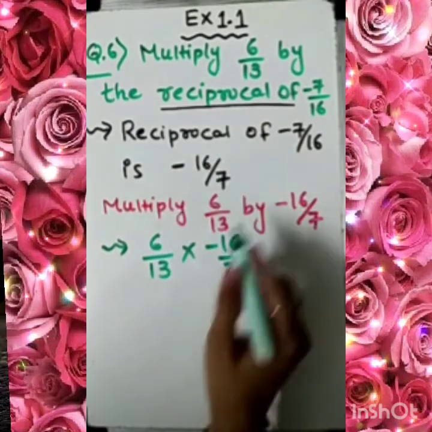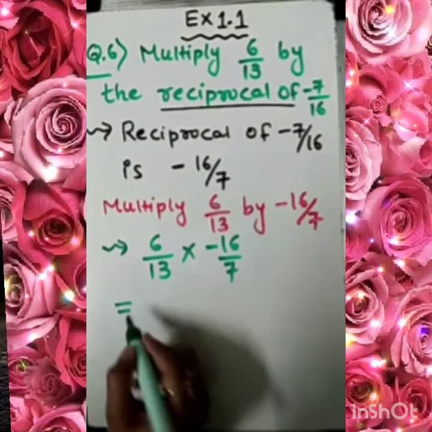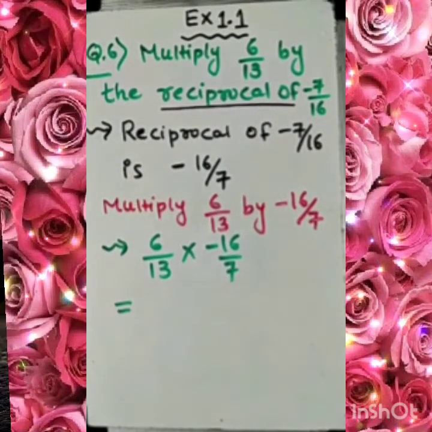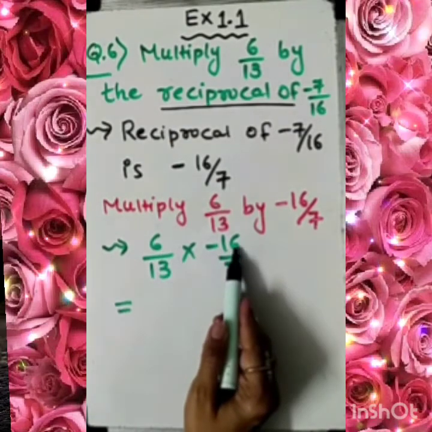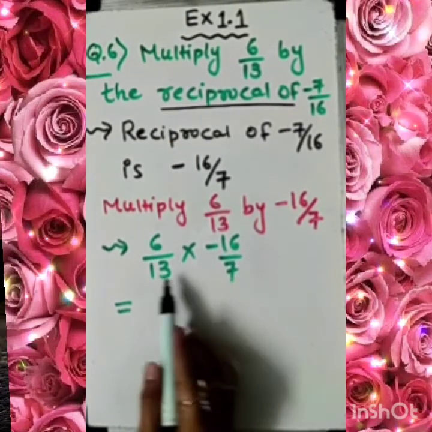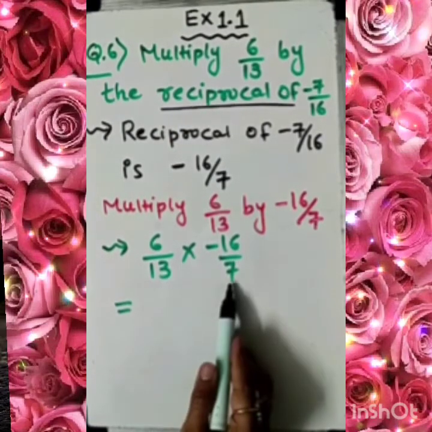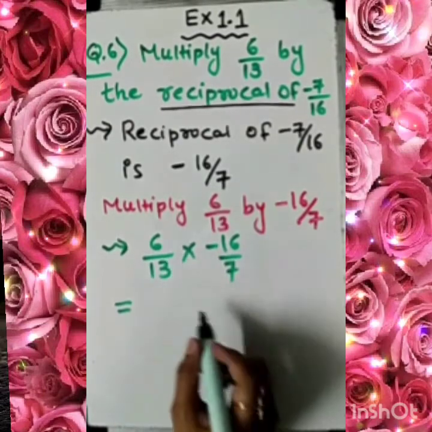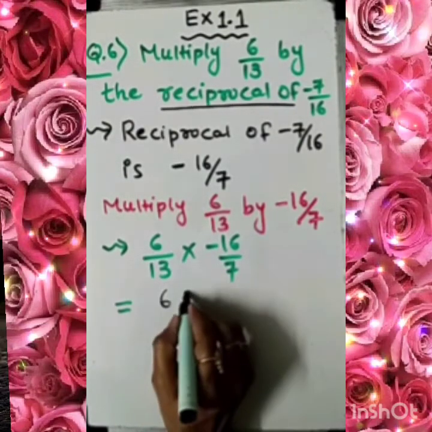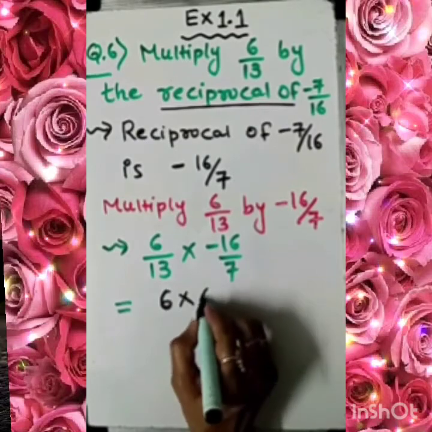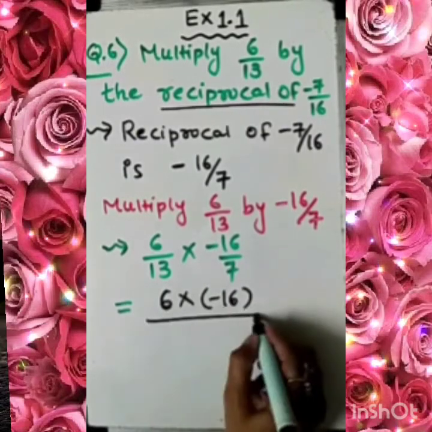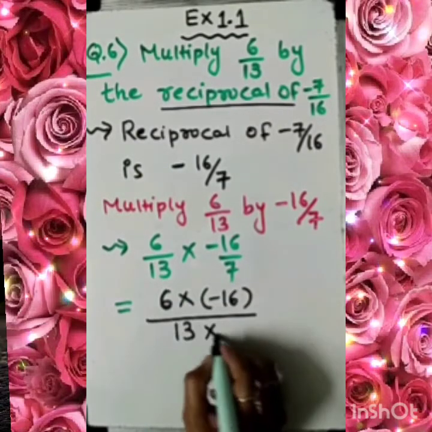Now in the numerator and denominator you can find there isn't anything common, because 6, minus 16, 13 and 7 have no common factor. So in such a case we write 6 into minus 16 upon 13 into 7.